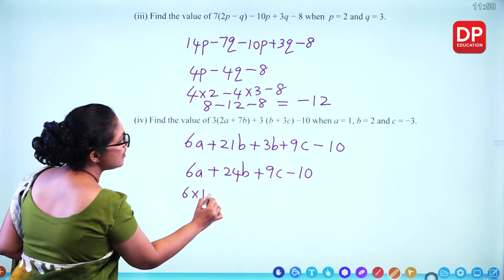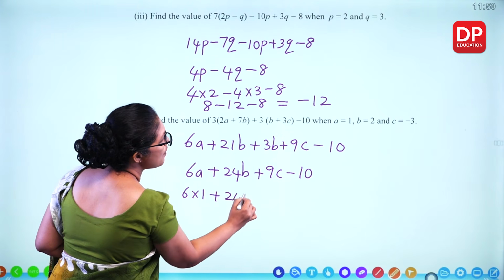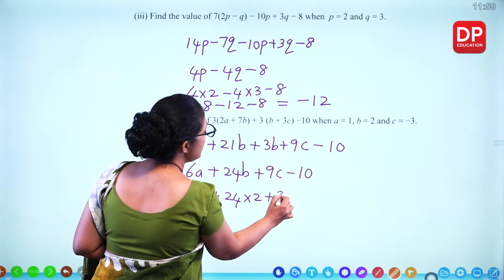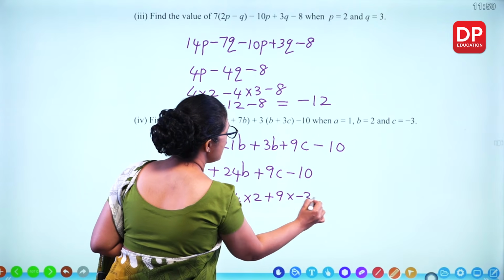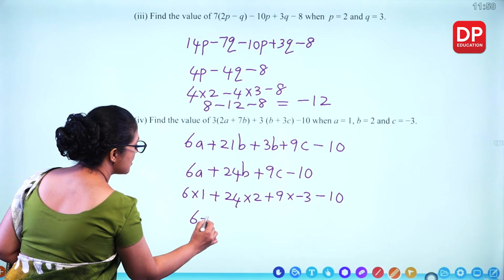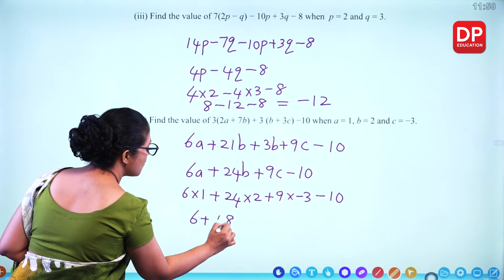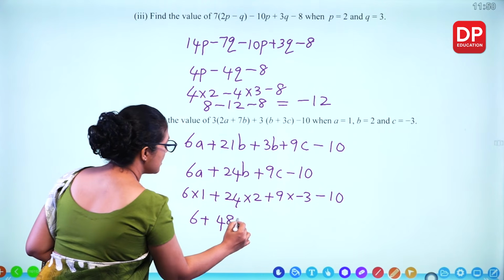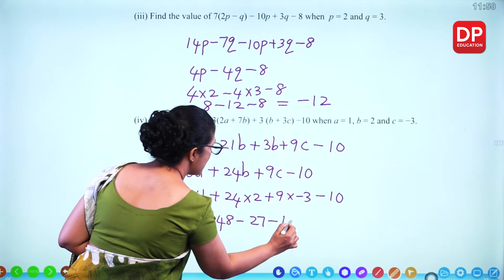6 times 1, 24 times 2, 9 times minus 3 and minus 10. 6, 48, 27 and 10.